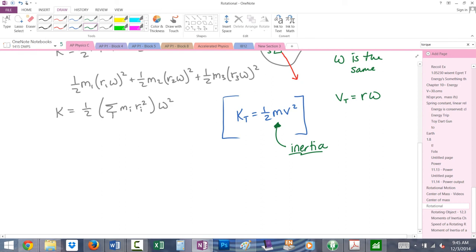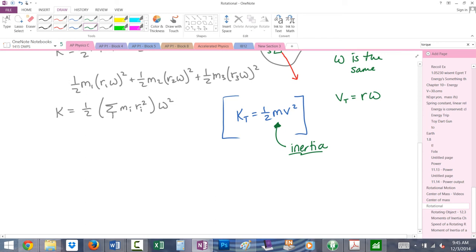It is important to see here, though, because this thing right here, what do you notice about this thing right here? Does it have mass involved? Yes. But it also has radius squared involved.